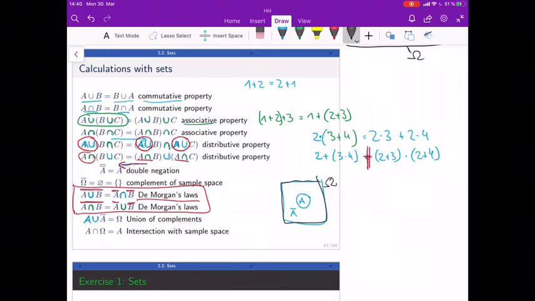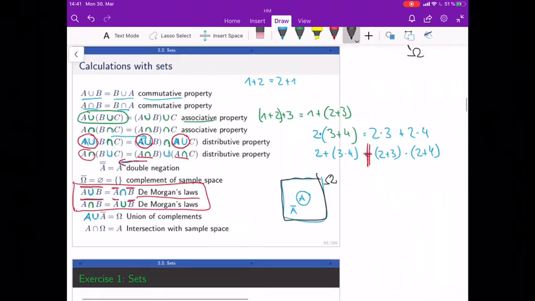There's omega. Also A intersection omega is A again, because everything that's in A is also in omega. Cool. Brilliant. So with this we can start doing some exercises. Let's have a look.